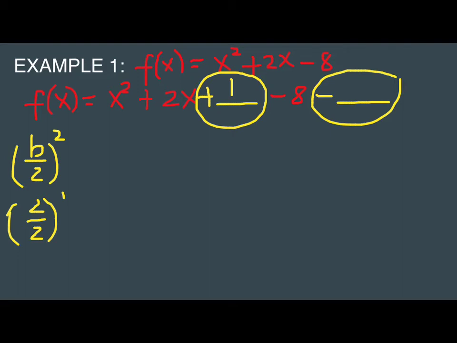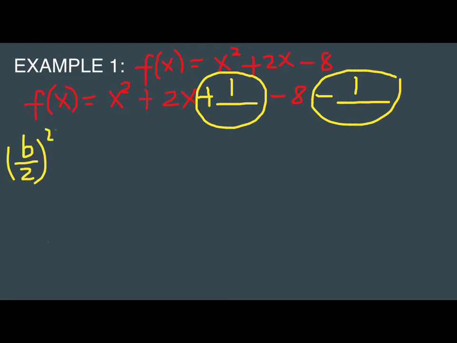And to remove the effect of adding this, I'm also going to subtract 1. I hope that you understand why I added and subtracted 1. But take note, the formula for the value we add to complete the square is b over 2 quantity squared.